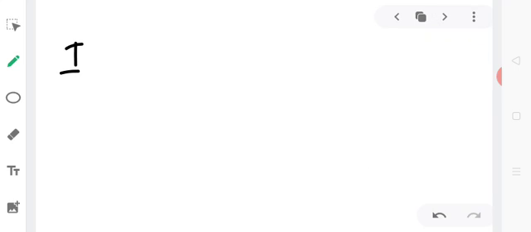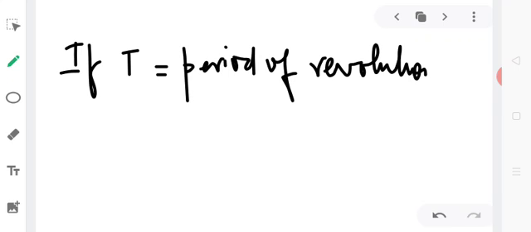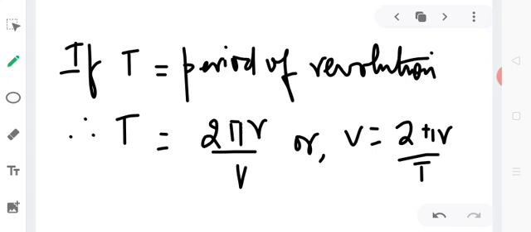Now if T denotes the period of revolution of the planet, then T will be equal to 2 pi r by v, or v is equal to 2 pi r by T, where 2 pi r is the distance travelled in one round.